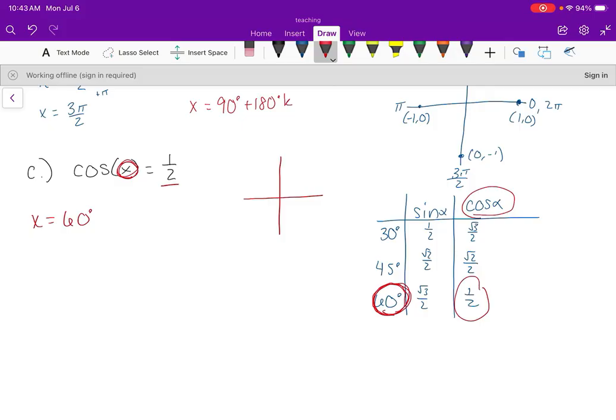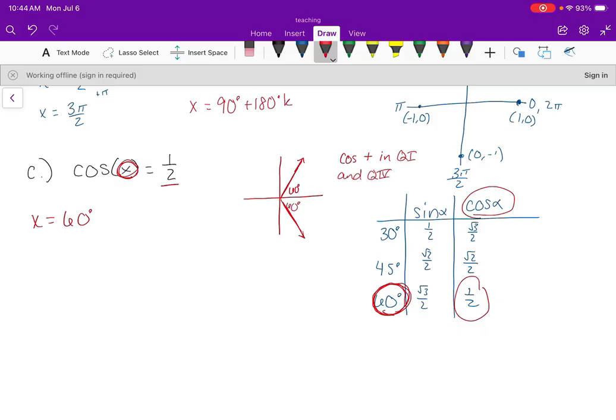Cosine is positive in quadrant 1, which is my 60-degree angle. However, cosine equals positive 1/2 in one more location. Cosine is also positive in quadrant 4. So let me put a note here. Cosine is positive in quadrant 1 and quadrant 4.